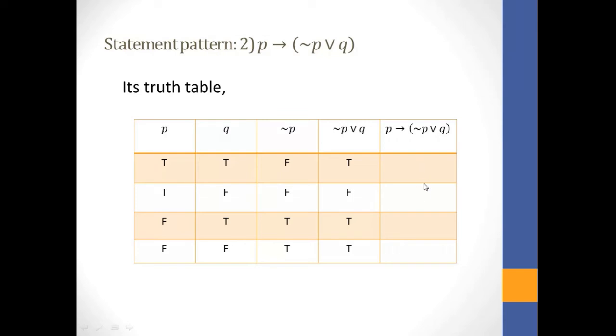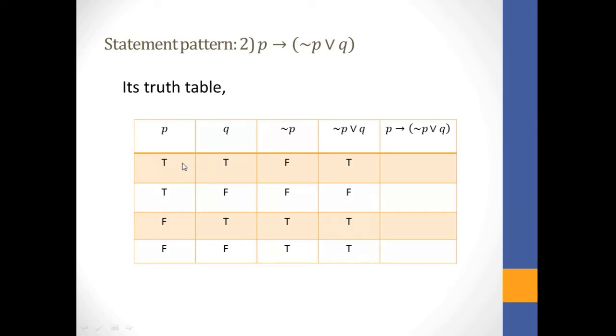Now the last one. See here, P implies this, negation P or Q, means column number 1 implies column number 4. See this carefully.